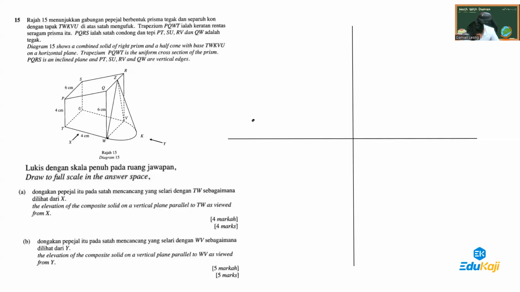It's a bit hard for me to draw exactly according to scale. So mine might be slightly off. But I hope you get the idea of it.